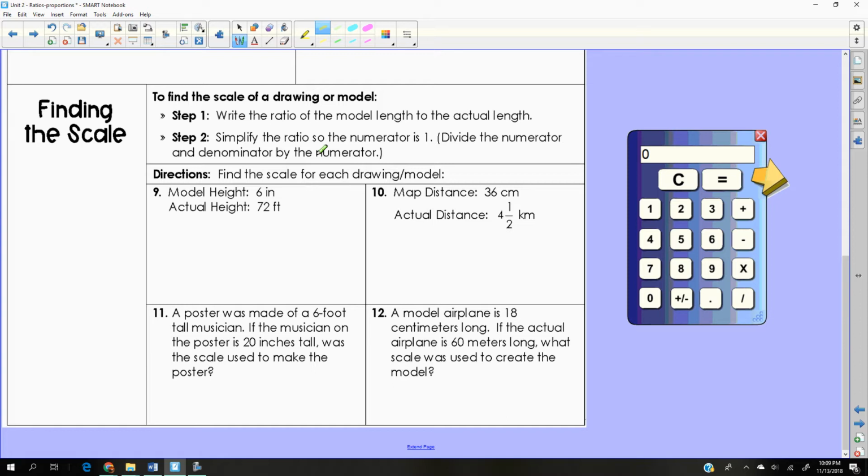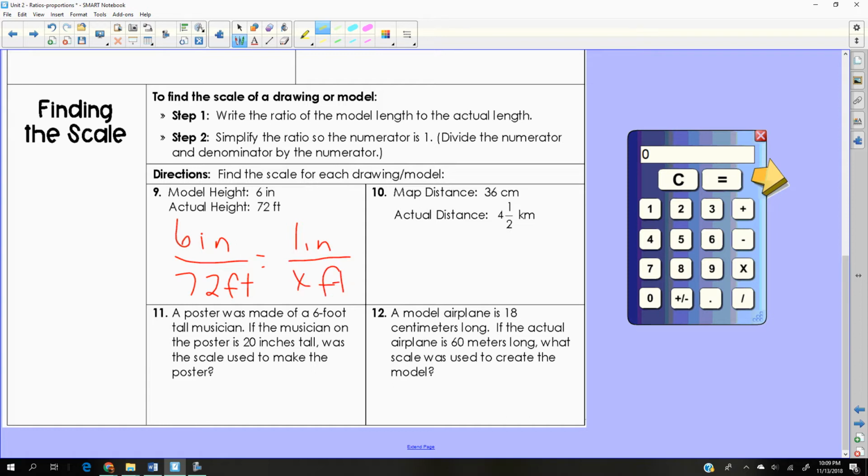So number 9, all right, it says find the scale for each drawing or model. So here the model is 6 inches and the actual height is 72 feet. Now remember, it says to use 1 as the numerator. So it's going to be 1 inch equals how many feet?